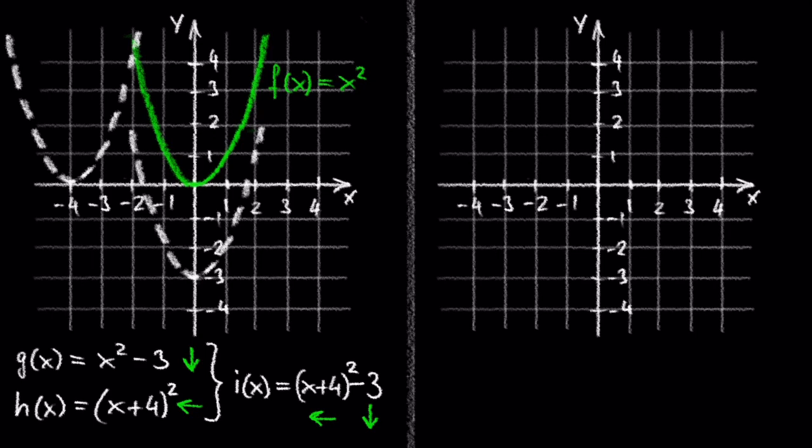To find the vertex of the graph of the function h of x equals (x plus 4) squared minus 3, we move 4 units to the left and 3 units down. By the way, because of that, this is also called the vertex form of the parabola.